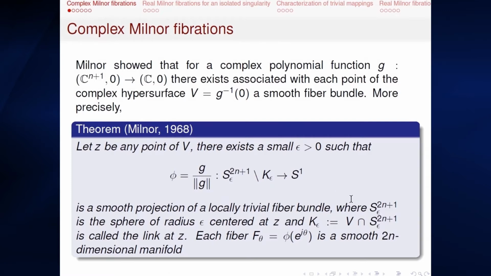Milnor showed that for a complex polynomial function, there is a locally trivial fiber bundle associated to each point of the hypersurface V. The intersection K is called the link at z, and each fiber is a smooth 2n-dimensional manifold.